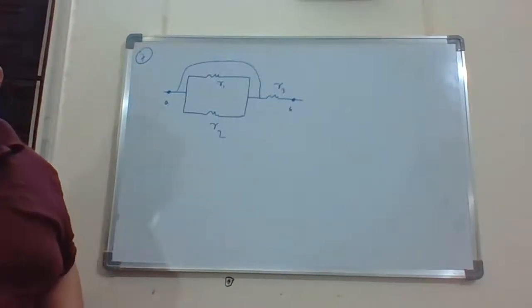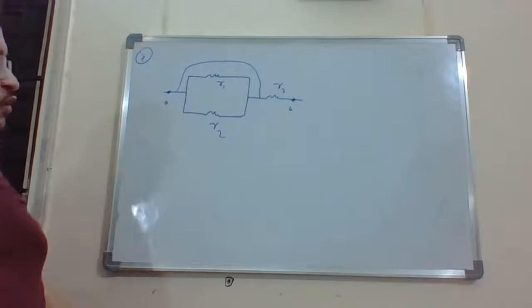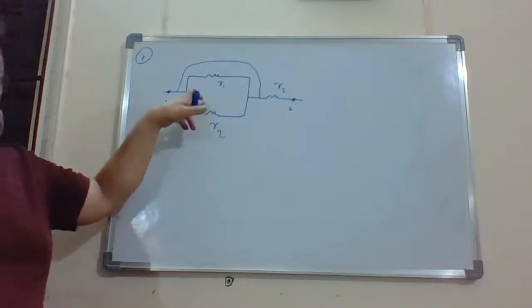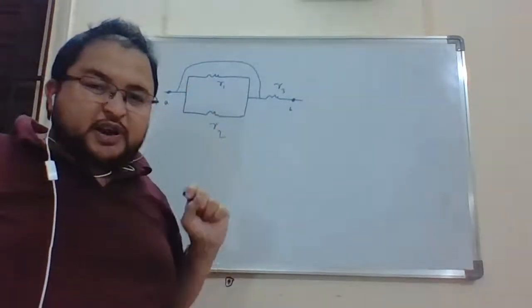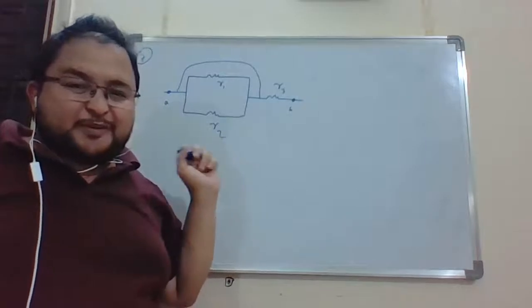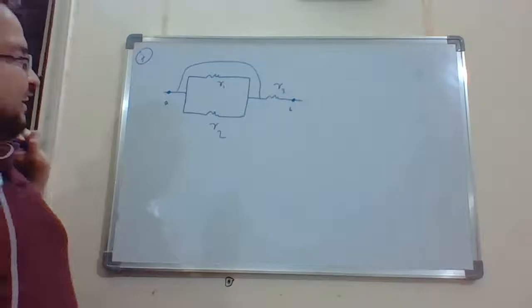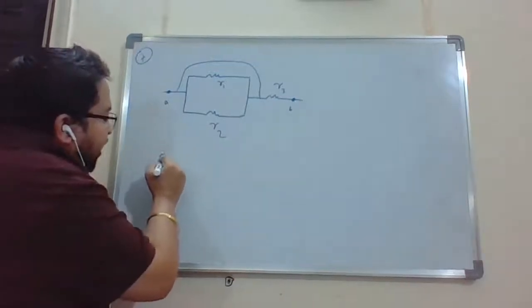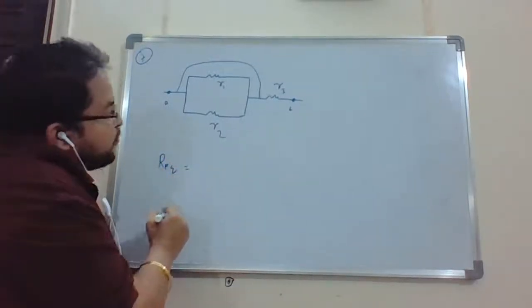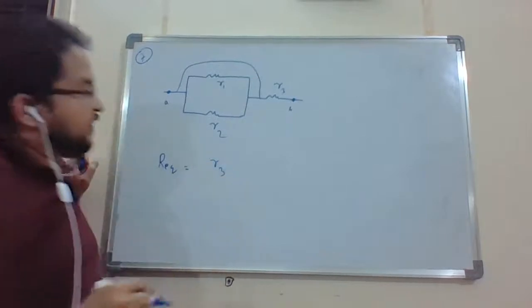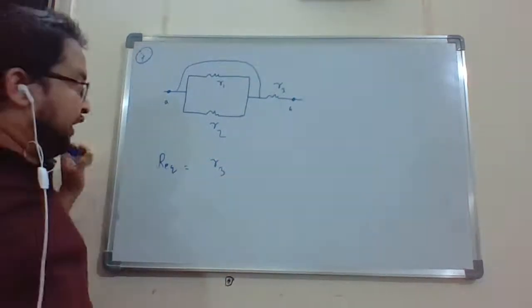Here, if you see, you may get a deja vu that, hey, we solved this problem in problem number 1, but here is one concept that I wanted to introduce, and that's why I've shown. So in this case, the R equivalent would be R3 only, and let us understand why.